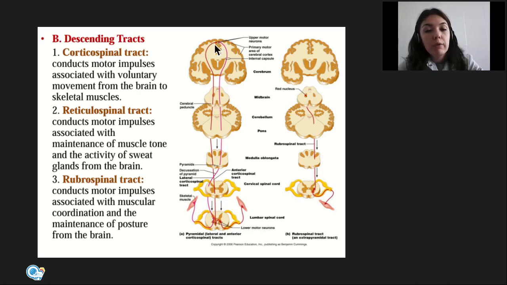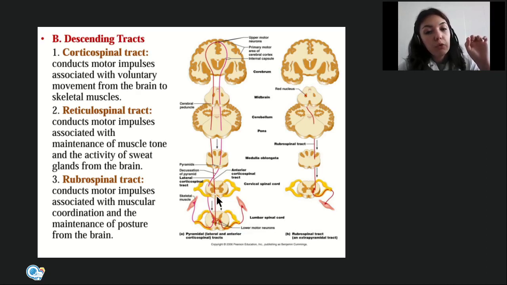The axons pass through the posterior limb of the internal capsule and move downward, pass through the base of the cerebral peduncles and then the pons and the medulla oblongata. In the medulla oblongata, it forms the pyramid. At the level of pyramid decussation, 80% of fibers decussate, and they form the lateral corticospinal tract that passes in the lateral funiculus of the spinal cord.